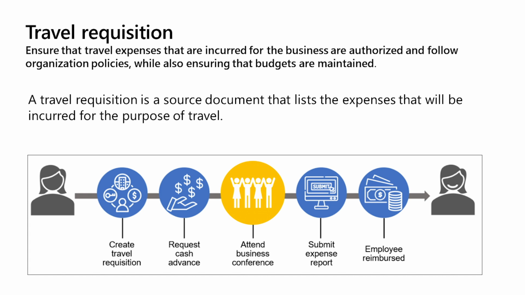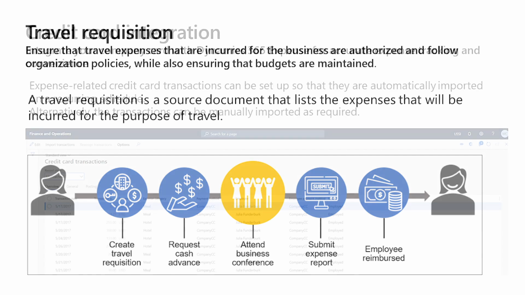A travel requisition is a source document that lists the expenses that will be incurred for the purpose of travel. For example, let's say your organization is working on a fixed price project that requires travel. The travel expenses of the project team members must fit within the budget of the project. Requiring that the travel expenses be approved before they are incurred ensures that the project stays within budget.